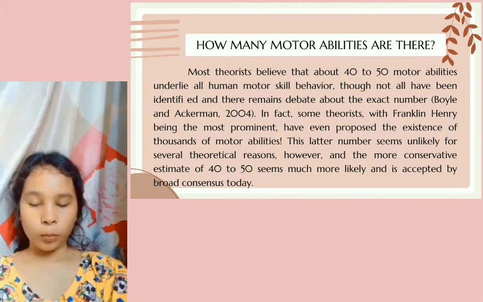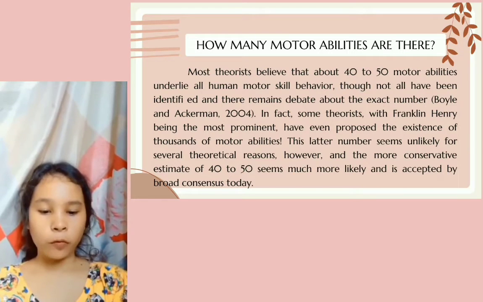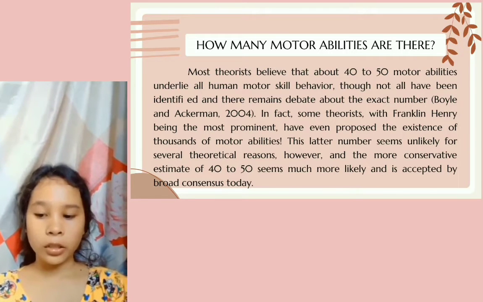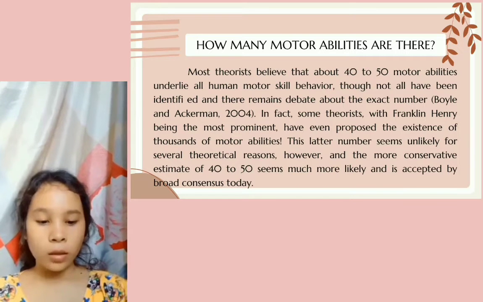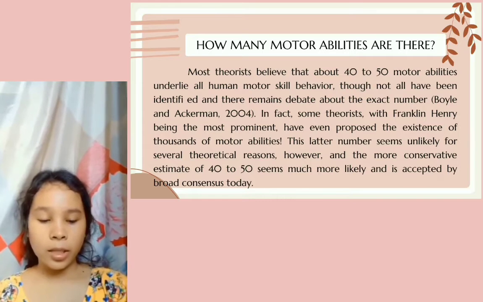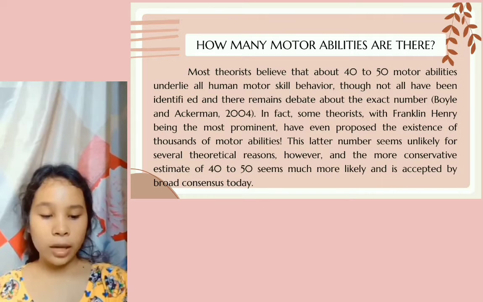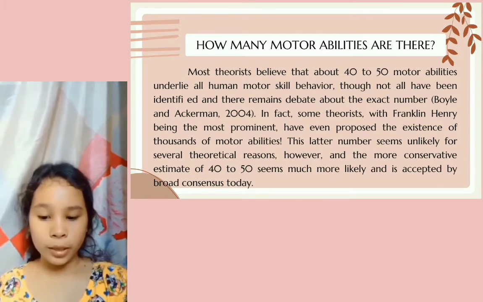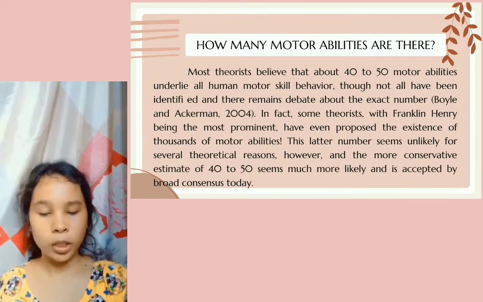So, according to Boyle and Ackerman 2004, most theories hold that about 40 to 50 motor abilities underlie all human motor skills behavior, though not all have been identified and there remains debate about the exact number. In fact, some theories, with Franklin Henry being the most prominent, have even proposed the existence of thousands of motor abilities.